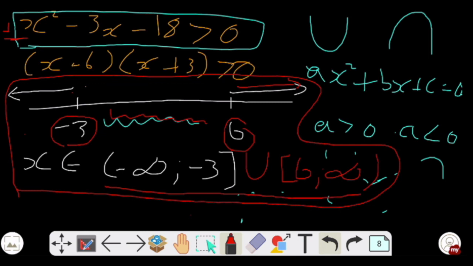Any number less than 3 and any number which is 6 and greater than 6.